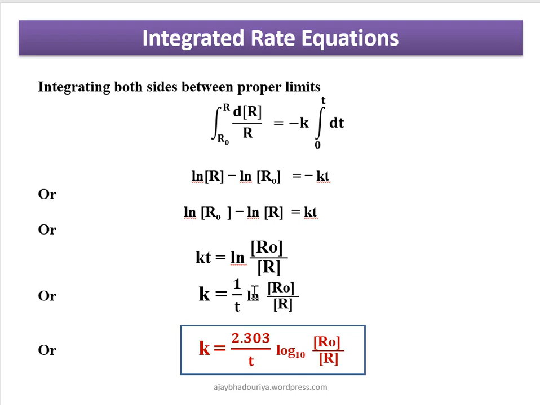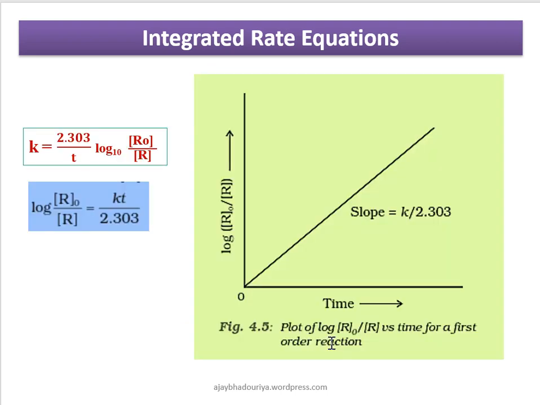And if we convert this natural log into log to the base 10, we multiply by the value 2.303. K is equal to 2.303 upon t log R0 upon R. R0 is showing the initial concentration.